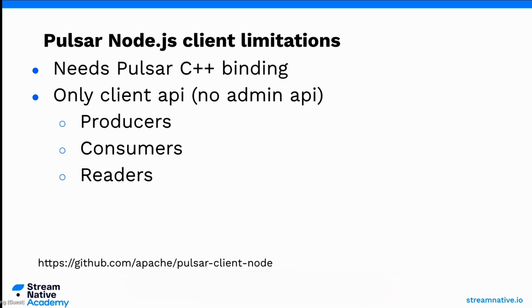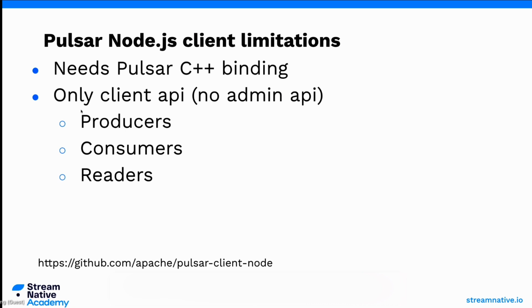On your laptop, you have to install the C++ binding. The R&D team, the community team, is working on a native API, which would make the C++ binding disappear, so you can install the Node.js client directly, right? But that's still not production ready. But we are working on it now.